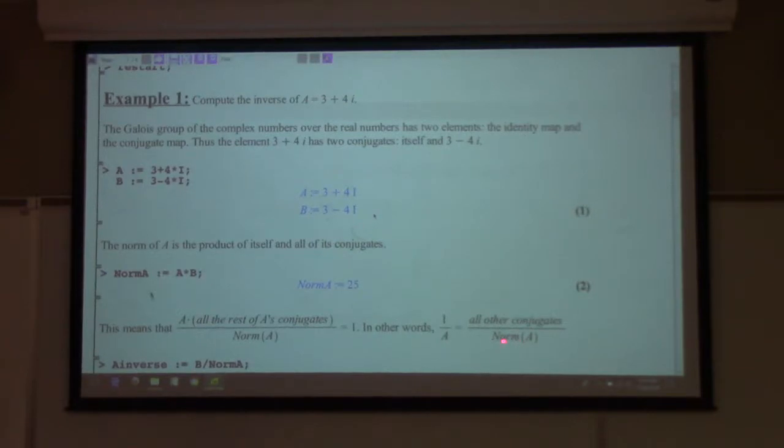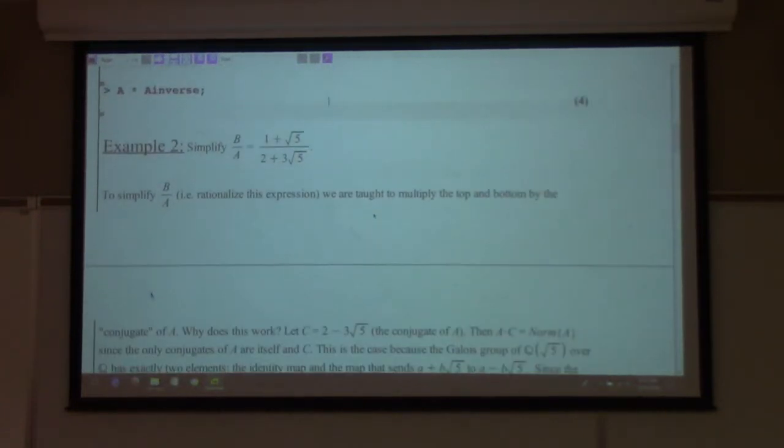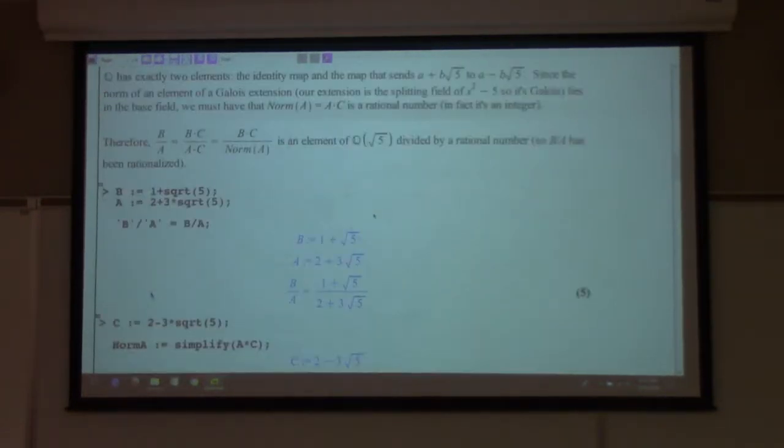The norm of a is the product of a and all of its conjugates, which, by the way, are Galois conjugates. The conjugate of a with itself, the identity conjugate, is kind of stupid, but any number is self-conjugate in that sense, because we always have the identity map in the Galois group. So, we don't care.